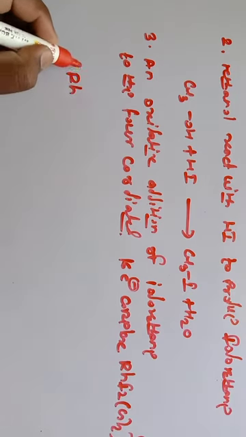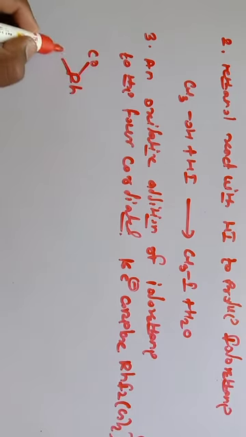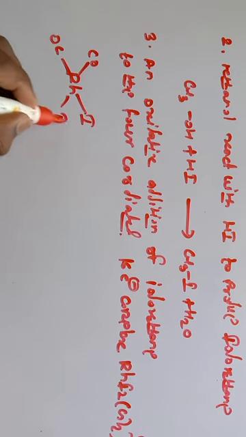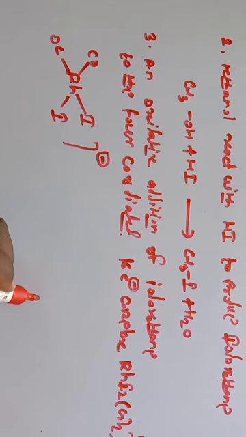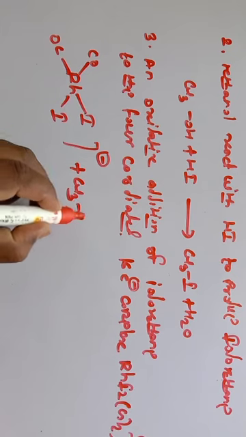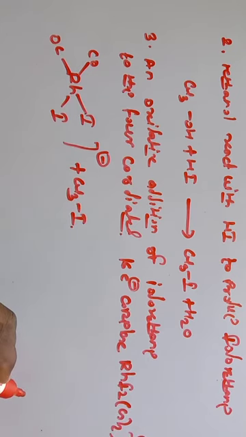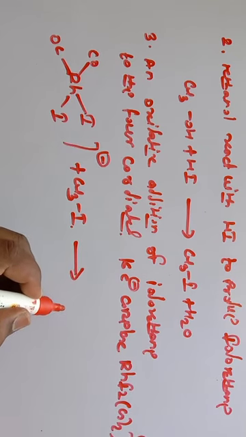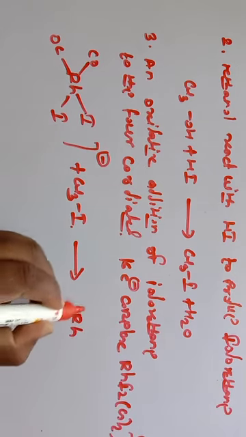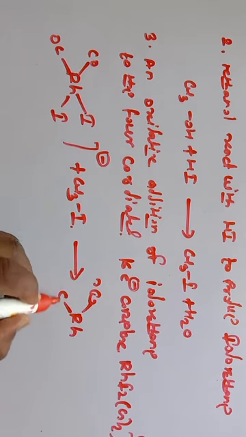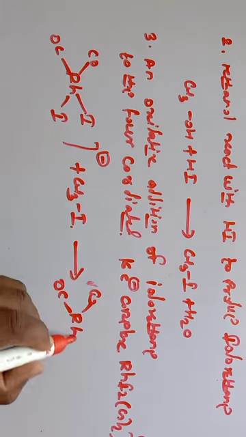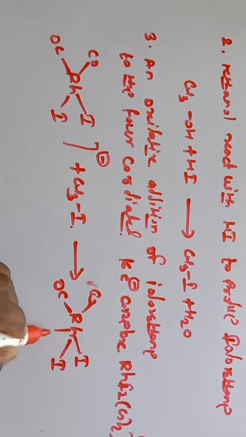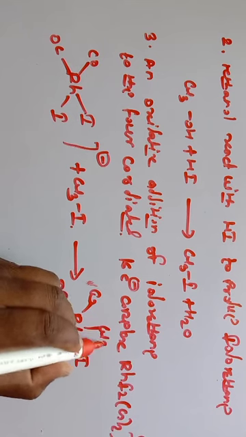This rhodium has carbonyls, iodines, and a negative charge, so it is four coordinated. In the reaction with methyl iodide we get oxidative addition. The coordination number increases by 2 units, and the oxidation state also increases by 2 units. So the rhodium has CO, here also CO, then two iodines, another iodine, and CH3.